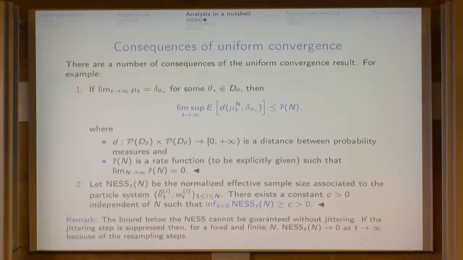Under these assumptions, and using the uniform convergence, one can actually prove some other things. For instance, if one takes a suitable distance between the approximation of the posterior and another measure, it's possible to show that the limsup of the expected distance between the approximated posterior and a delta at some theta star, assuming that the true posteriors converge to that delta, is upper bounded by some rate function that depends on n.